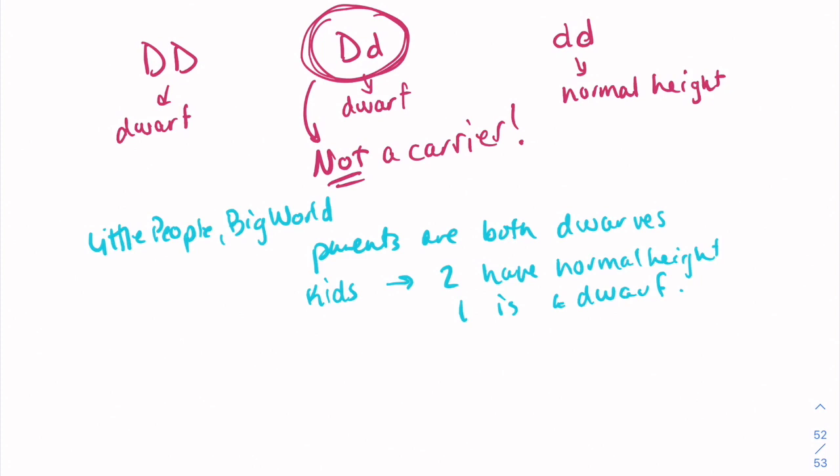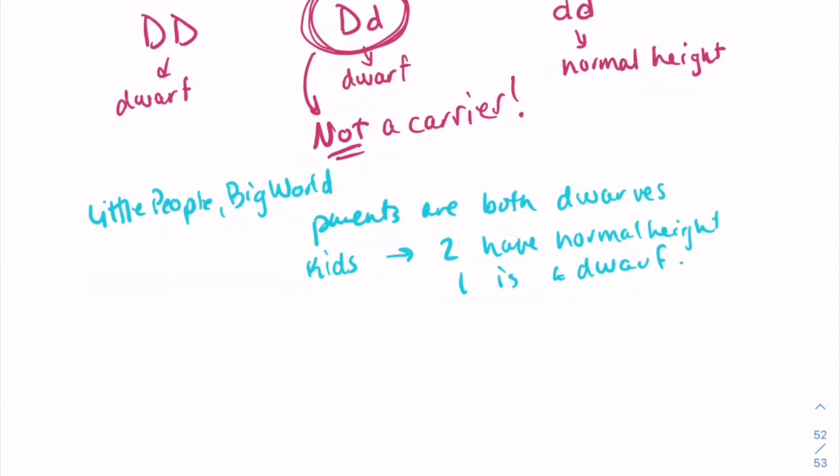And they're not identical twins, obviously. They're fraternal twins. So pretty much just regular siblings. So, knowing this information, what are the genotypes of the parents?